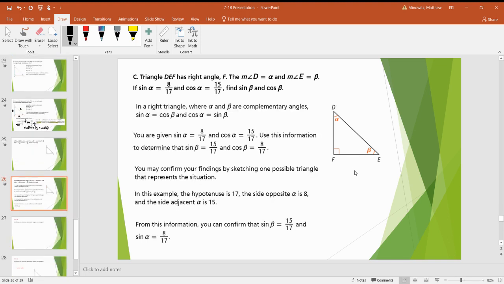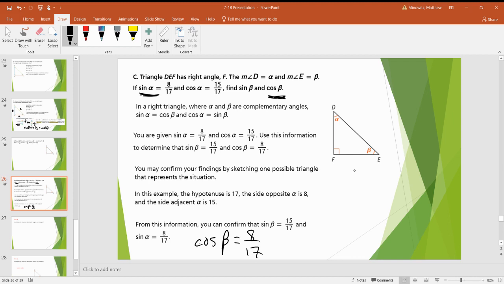But sine of alpha equals cosine of beta. So if we know sine of alpha, we know cosine of beta. So if sine of alpha is 8 over 17, then the cosine of beta is 8 over 17.